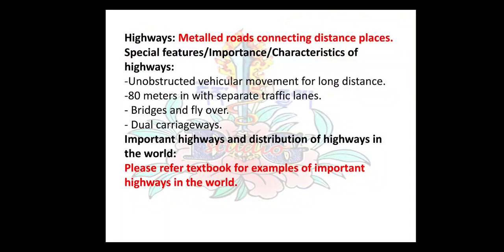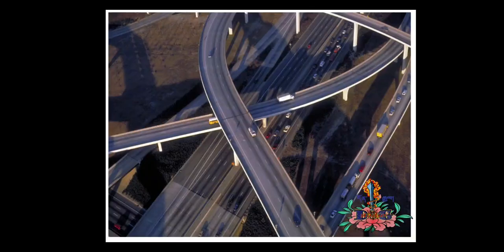And as compared to other roadways, on highways we have bridges and flyovers, and a dual carriageway system. If you look at the image, this is an example of highways. As compared to rural roads, village roads or border roads, on most of the highways we have flyovers like this image.